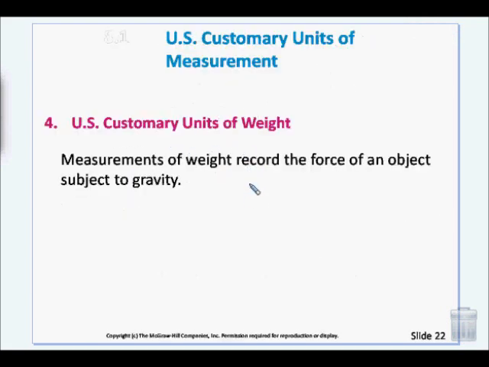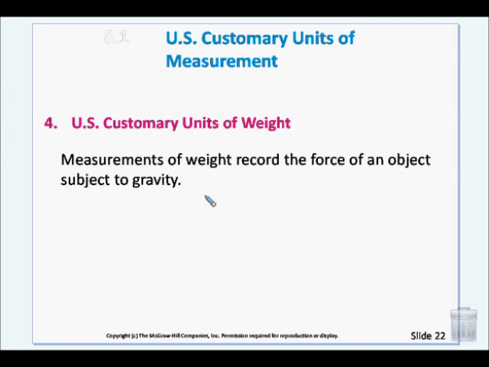Customary units of weight. Weight records the force of an object based on gravity. That's why weight and mass are different, because mass is the same everywhere. Weight fluctuates.